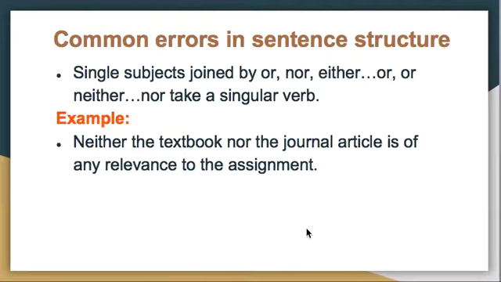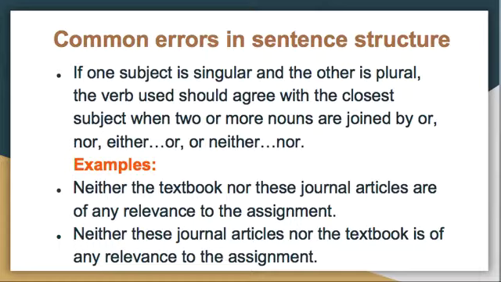So the next, singular subjects joined by or, nor, either, or neither, nor, take a singular verb. So see the example. Neither the textbook nor the journal article is of any relevance to the assignment. So when you have these nor, or, either, or, you use a singular verb.